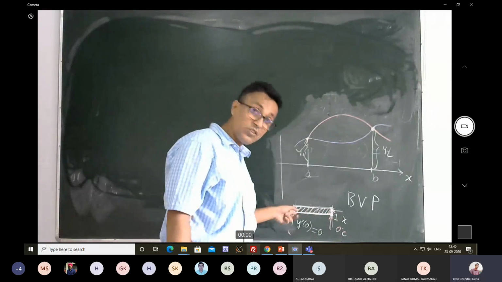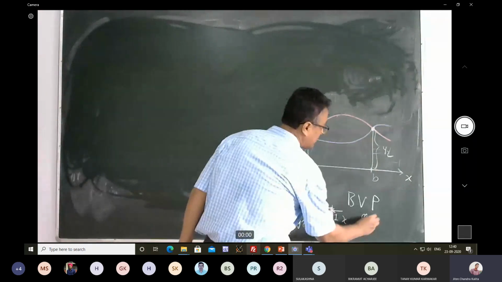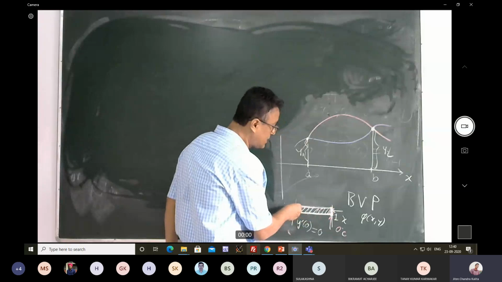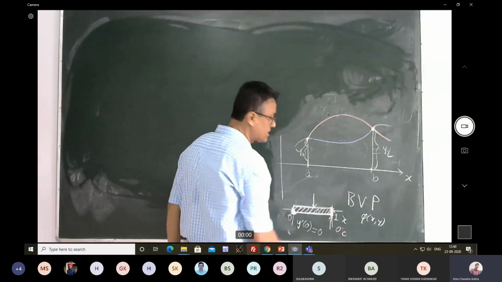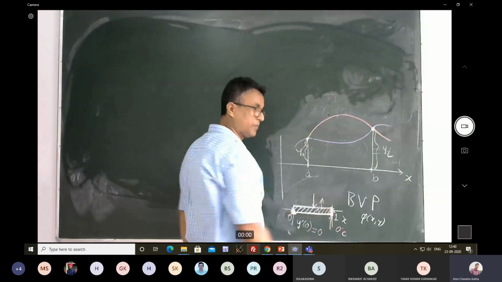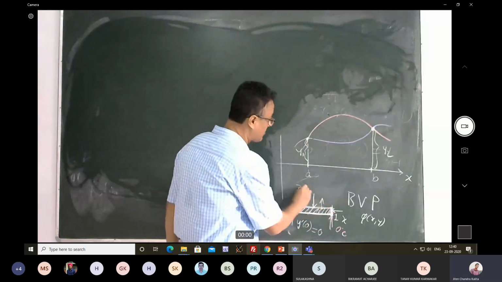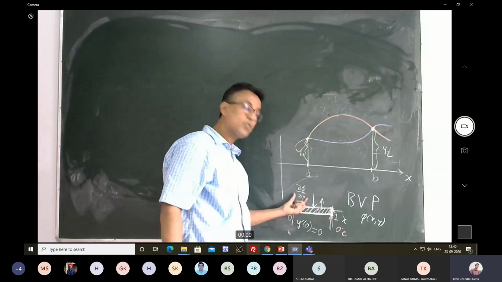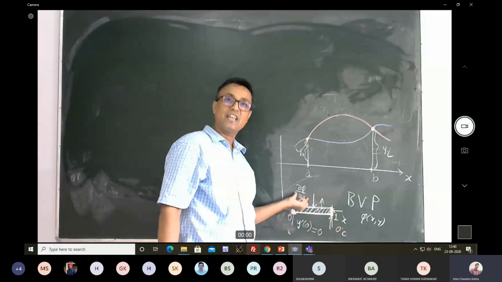In this rectangle, suppose I am considering a function phi of x, y. On the top boundary, the normal direction will be in this direction. So I have to consider del phi by del y, which constitutes the normal boundary condition in that case.